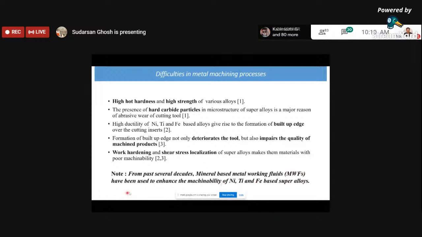So this is about mineral-based metalworking fluids to enhance the machinability of the super alloys.